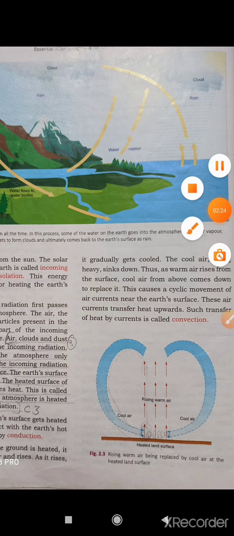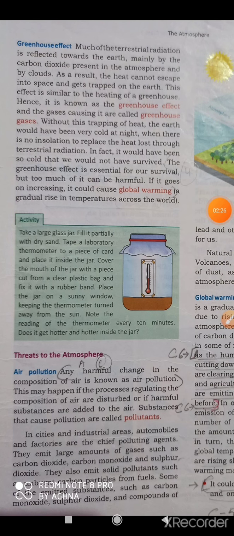Now, what is the greenhouse effect? As we have studied previously, terrestrial radiation is the heat that the earth's surface radiates after being heated by insolation. When it is radiated back, there is carbon dioxide present in the atmosphere and in the clouds, so the heat cannot escape into space and usually gets trapped, and because of that there is a greenhouse effect.